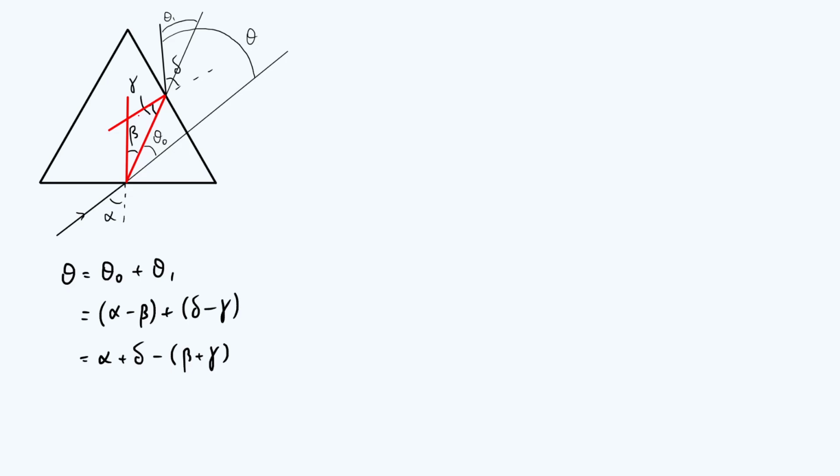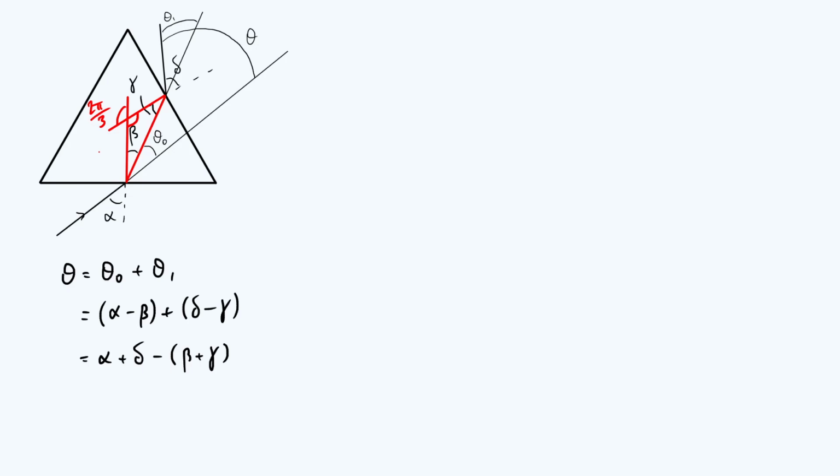1/3 of a full circle. In other words, this angle there is 1/3 of a full circle just because of the symmetry of an equilateral triangle. So that angle, or equivalently that angle there, would both be 2 pi over 3 if we're working in radians, because a full circle is 2 pi.